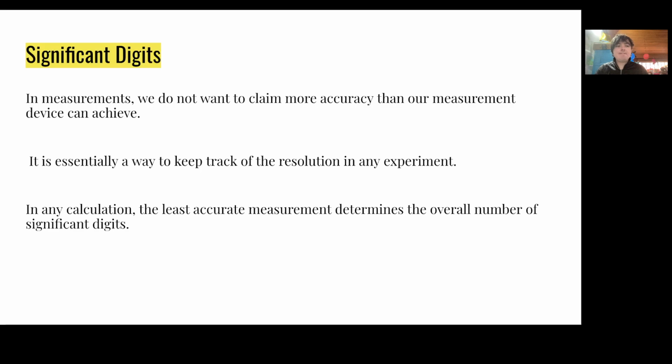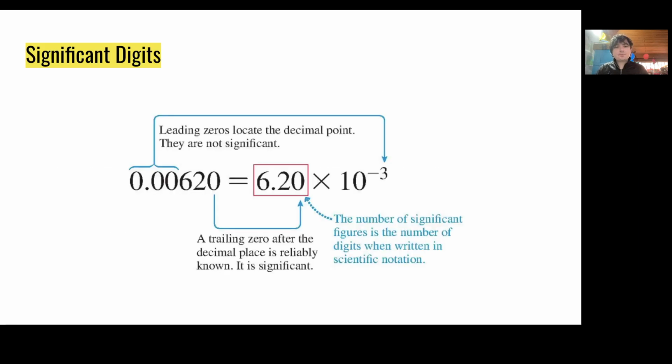And so using significant digits allows you to keep each measurement and then each calculation in check so that you always have a justifiable resolution in the end for your results in your experiment.